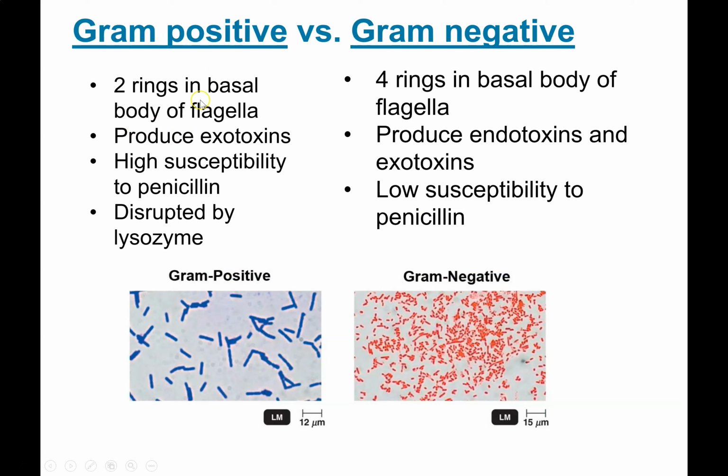So the differences that were pointed out earlier with the flagella, the way they're embedded, has to do with the structure of the cell wall. We have not talked about exotoxins, and we won't really talk about exotoxins right now so much, but we do want to mention those endotoxins again, because that was pointed out.